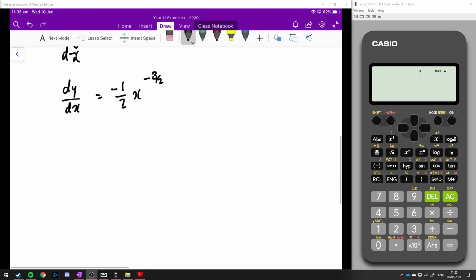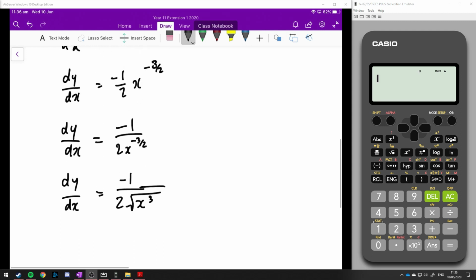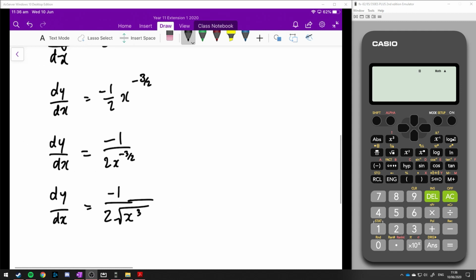Putting all that back in, we get dy/dx is equal to negative 1 over 2 x to the negative 3 on 2. So that means that dy/dx is equal to negative 1 over 2 times the square root of x cubed. Okay, so there is our derivative for that one.